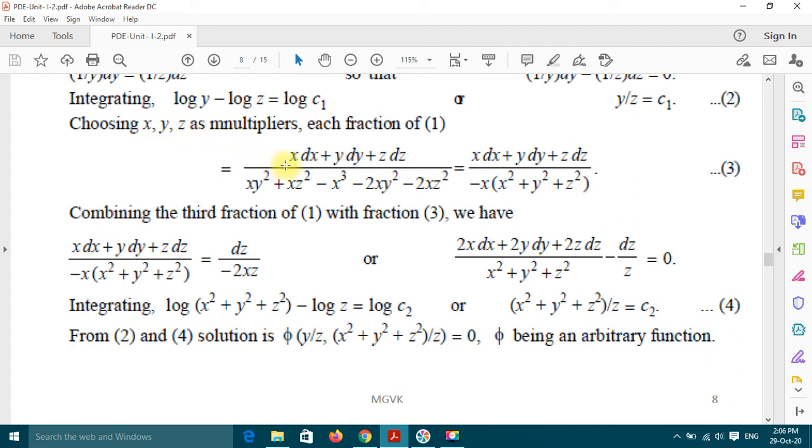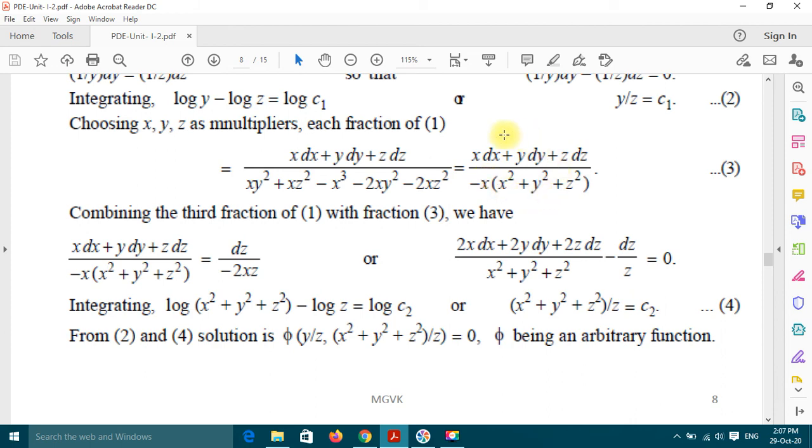Then each fraction is equal to x dx plus y dy plus z dz upon xy square plus xz square minus x cube minus 2xy square minus 2xz square. So we write this thing x dx plus y dy plus z dz, and here if we take a minus x outside and this in the bracket x square plus y square plus z square. After simplification we get this in the denominator.